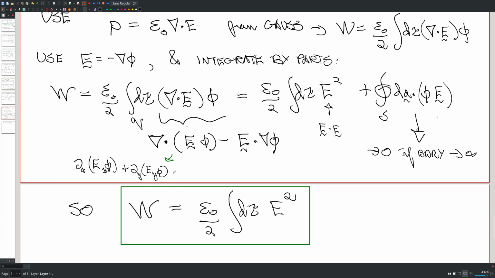Phi also depends on x, y, and z. However, the dot here applies to the vector E. It's just that each component of vector E is multiplied by the same scalar, which is phi.